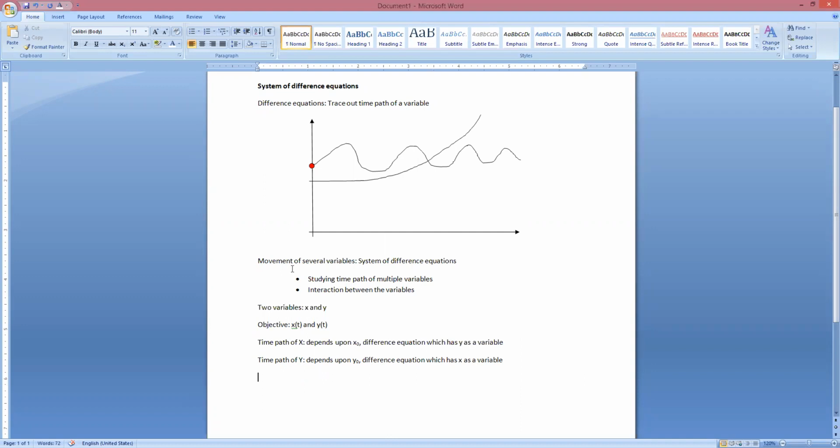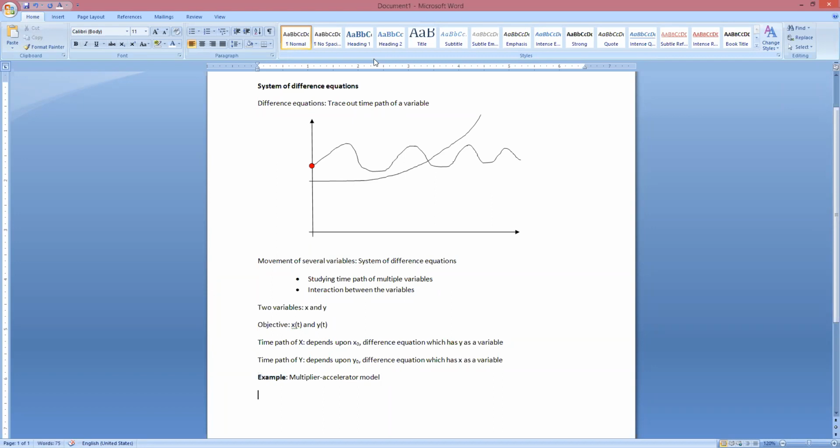Now, we can have different types of such systems. And you have already studied one system, which is the Hicks-Samuelson multiplier accelerator model.